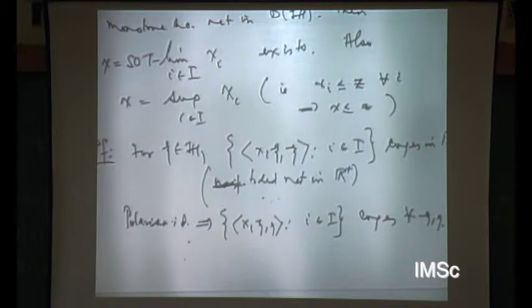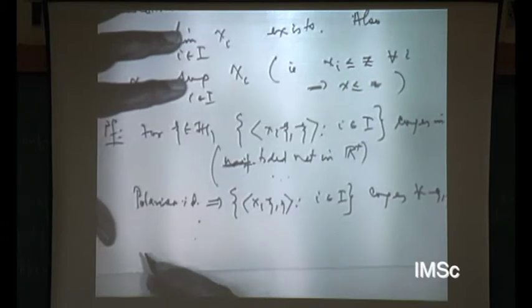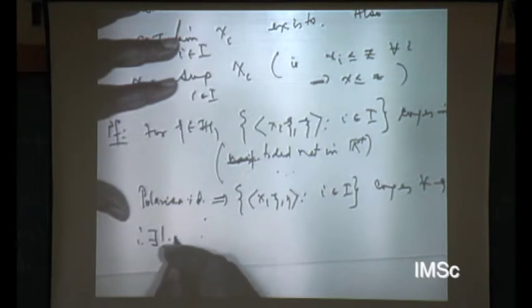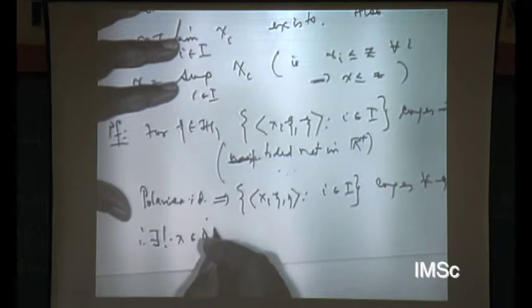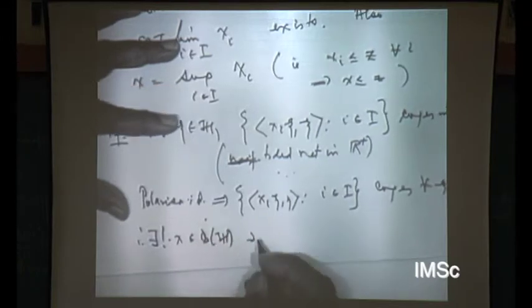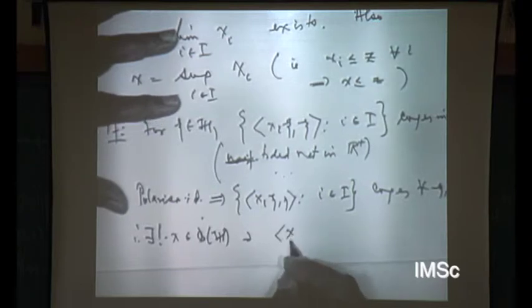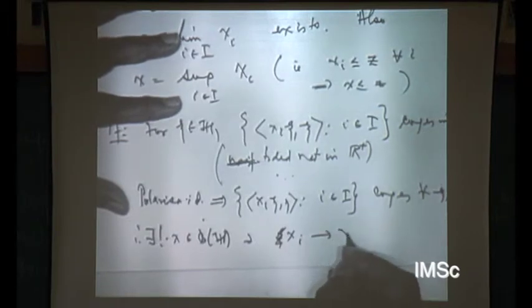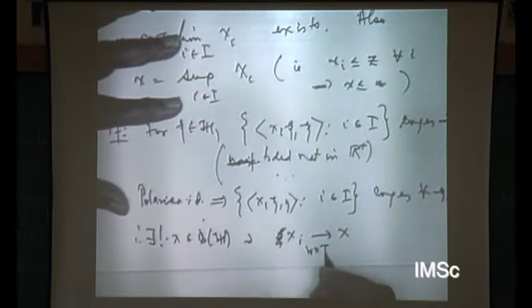It will be a bounded sesquilinear form. Every such thing must come from a bounded operator. So there must exist a unique bounded operator x, and then x_i converges to x in the weak operator topology.